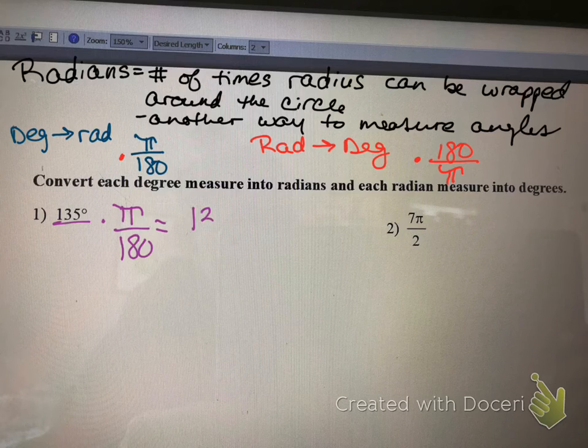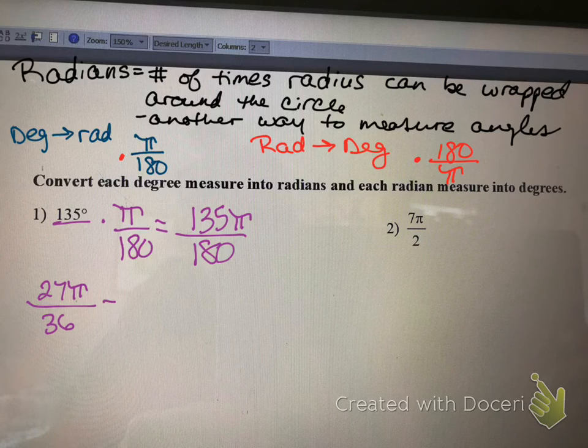So we get 135 pi all over 180. So next you're just going to simplify the 135 and the 180. Right away I know I can divide them both by 5. So dividing them by 5, I end up with 27 pi over 36.